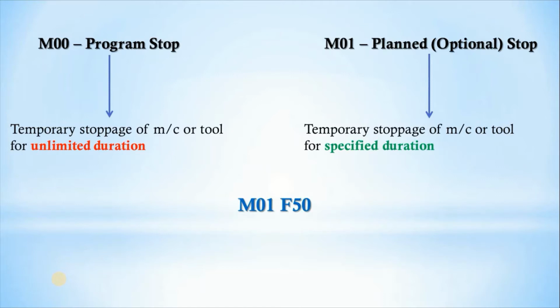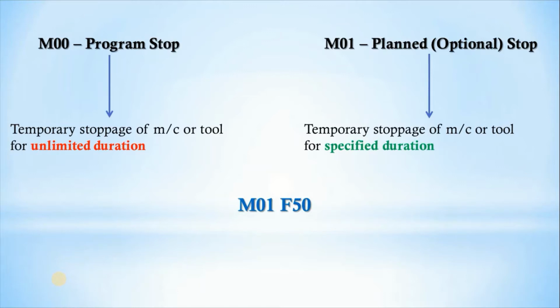If M00 is used, then we are stopping the program for unlimited duration. So whenever we want to start that program again, we have to follow the steps from the earlier.